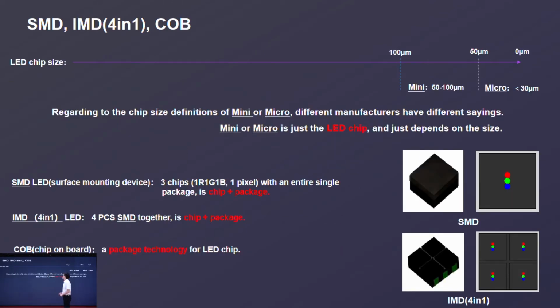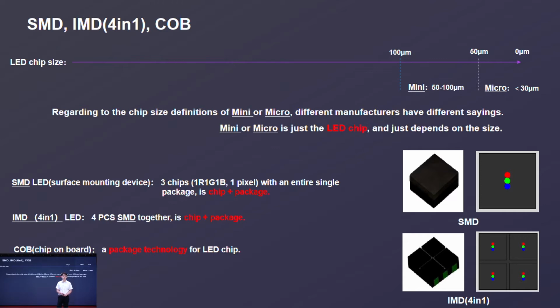Before we go further to discuss the technology differences between SMD, IMD, and COB, we have to understand the LED chip size definition. Regarding the chip size definition of mini or micro, different manufacturers have different sayings.